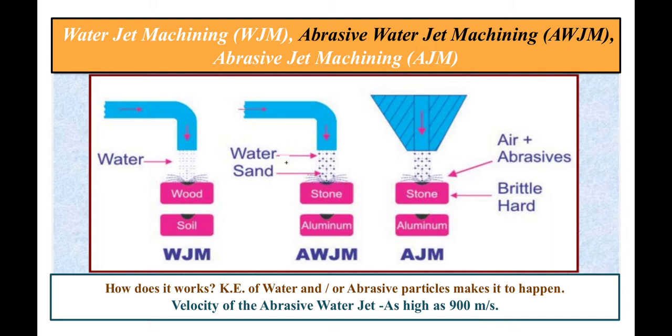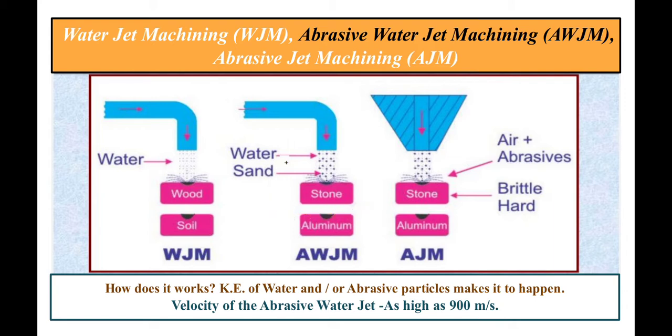Same way, in the rainy season, if you see water coming out of the tap, you will find that some sand particles are mixed with this water, as shown over here also. Now when these particles along with the water jet come and hit the stone, you will find after a few months or few days, a crater has been formed on the stone also.